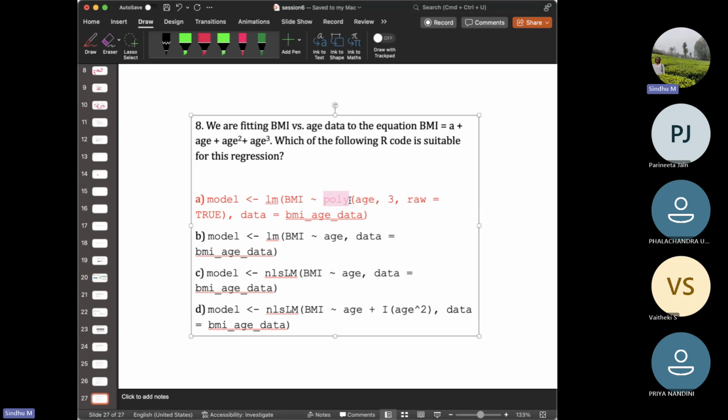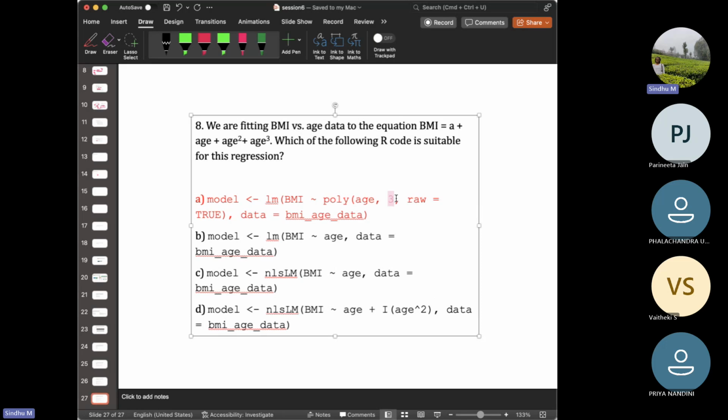And we are fitting a polynomial, so we are writing poly here. This poly is for the age variable, so we are writing age. The first input to poly is which variable we are using.